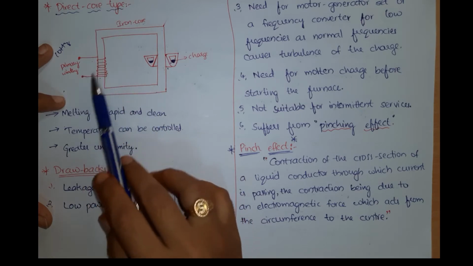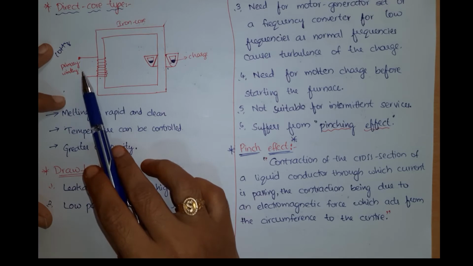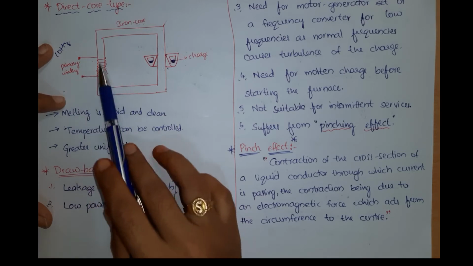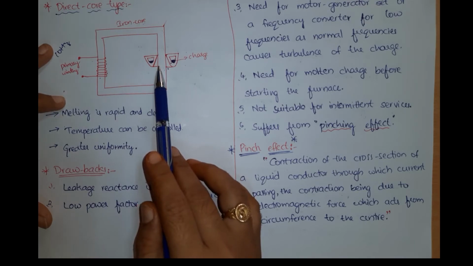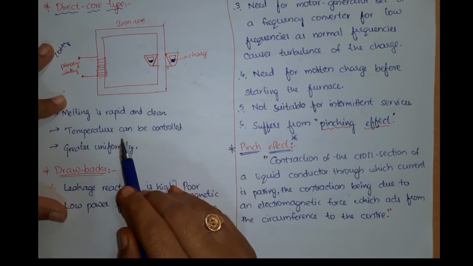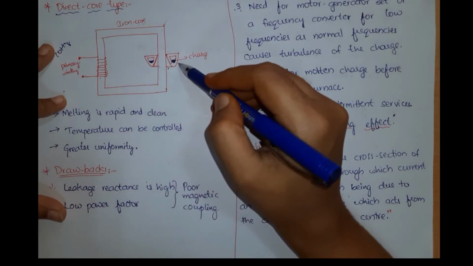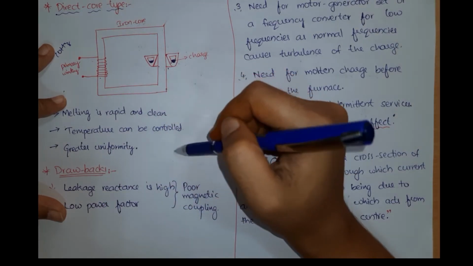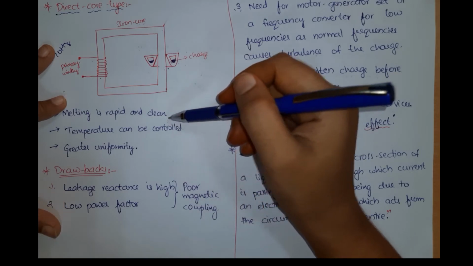Because the supply is in our hands, right? We can vary the frequency or the supply we are giving to the iron core, so that the amount of current induced in the secondary is controllable, and so the temperature of the charge to be heated is controllable, right? This also provides a very great uniformity of the charge to be heated. These are the main features of the direct core type induction furnace, right?